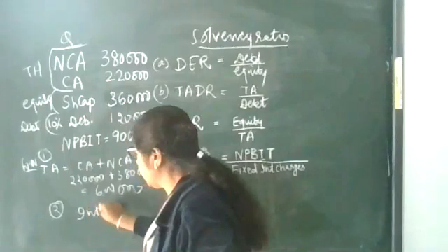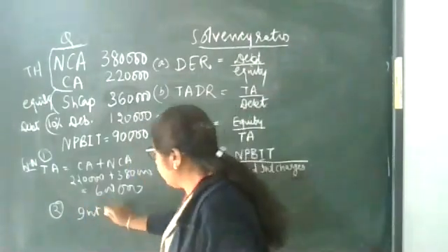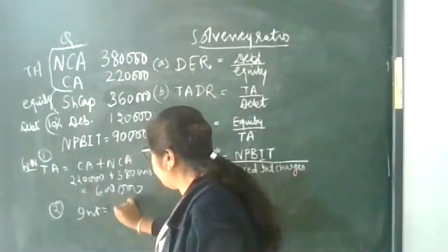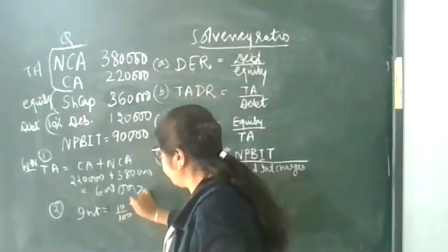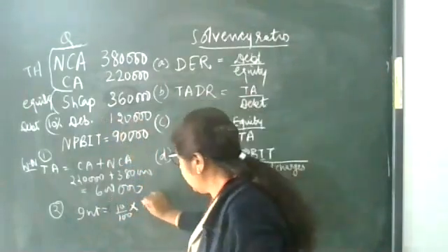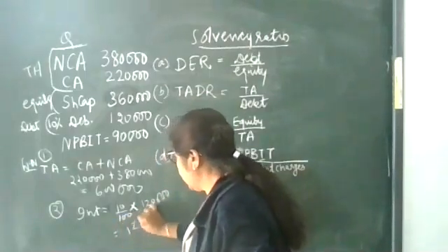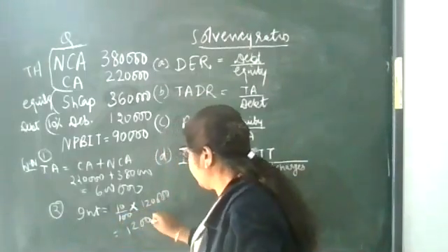Interest is equal to 10% of 1,20,000, so that is 12,000.